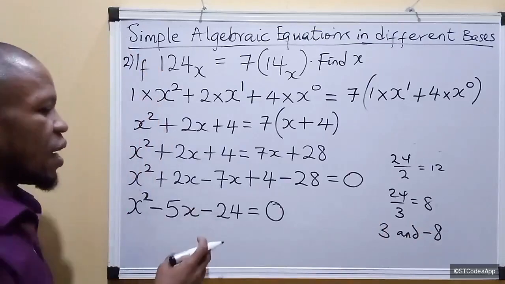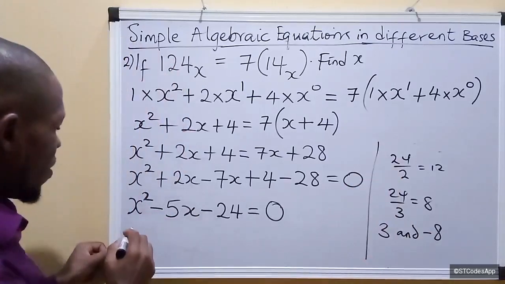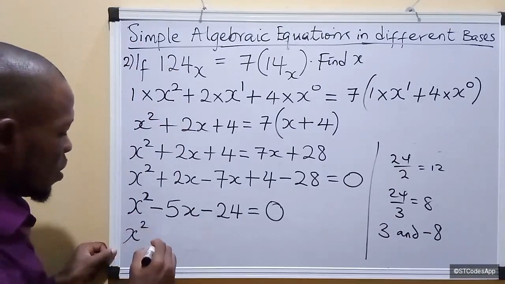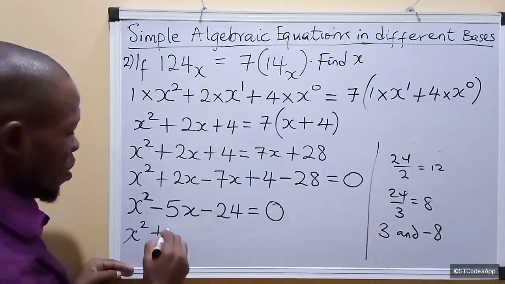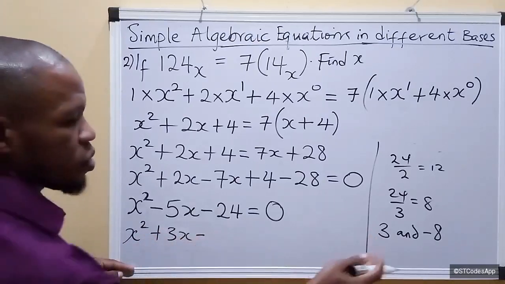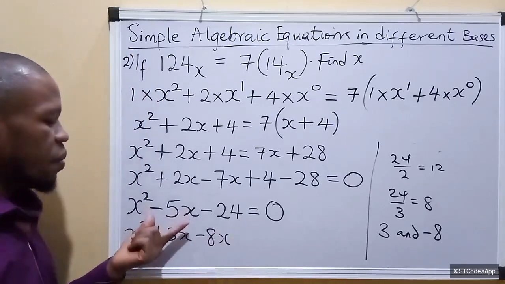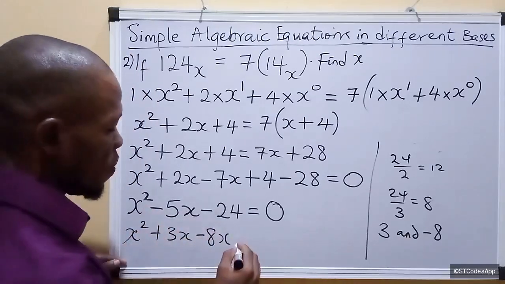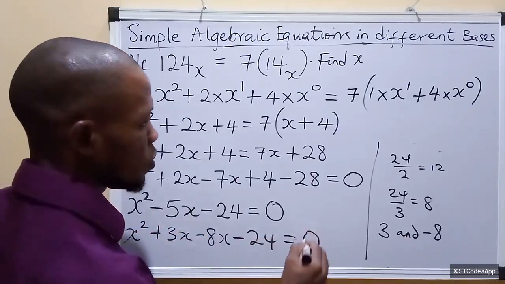So we are going to apply that in this equation. So here we have x squared plus 3x minus 8x. They have replaced minus 5x in this equation. Then minus 24 equal to 0.